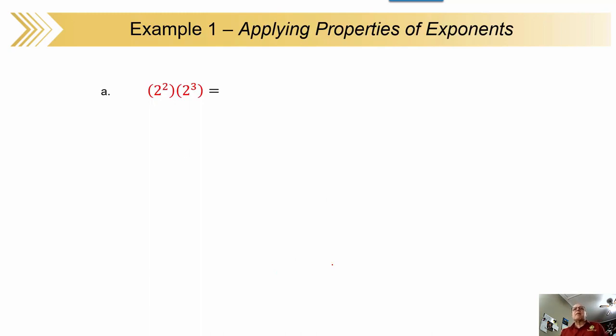Next, some examples. Notice you've got the same base. And if you've got the same base, you can just add the exponents. Notice that if you had 5 squared and you add 7 to the third, you can't do that this way.